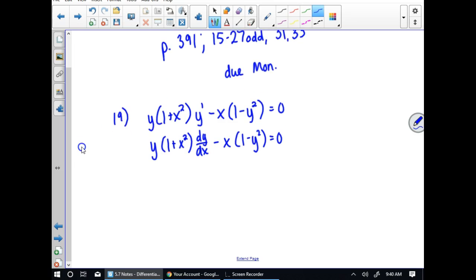So if we're separating that, what would you do first? Good. So y times (1 plus x squared) dy/dx equals x times (1 minus y squared). Then I would go ahead and multiply by that dx because it's got to be in the numerator, meaning your x's have got to be on the right hand side, y's on the left.